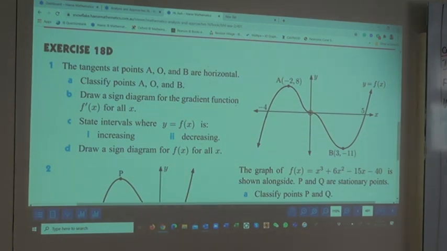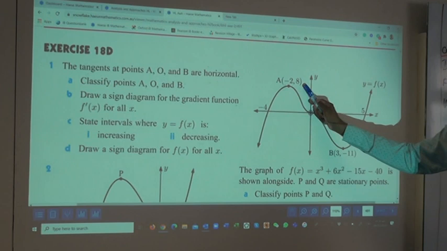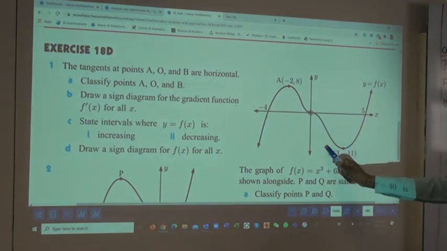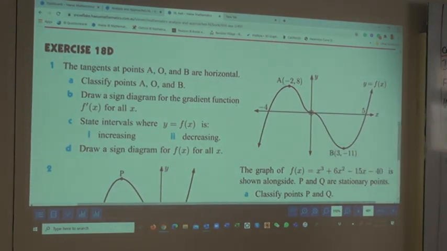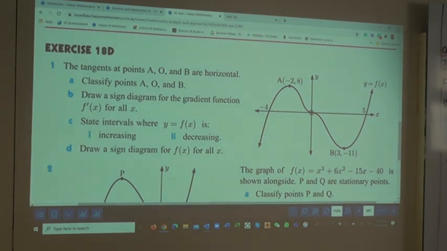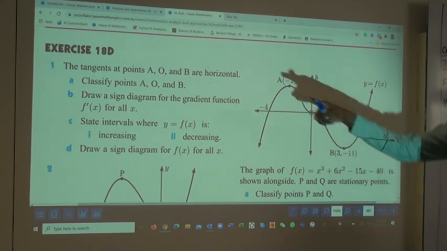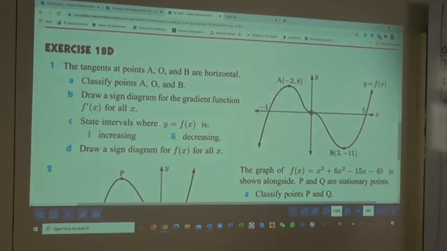Do you agree? Yes? So definitely the gradient is 0 at these points, right? Then the question: classify points A, O, and B.